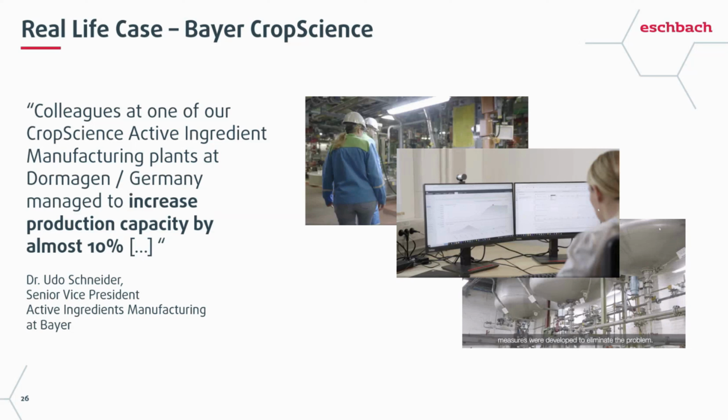And this led to an increase in viscosity. So the product in the reactor was too viscous to be properly mixed, and that slowed down the batch overall.